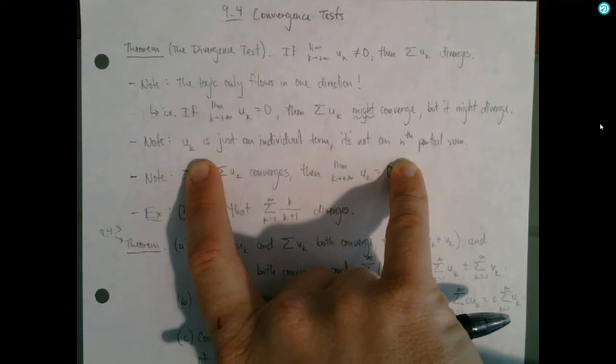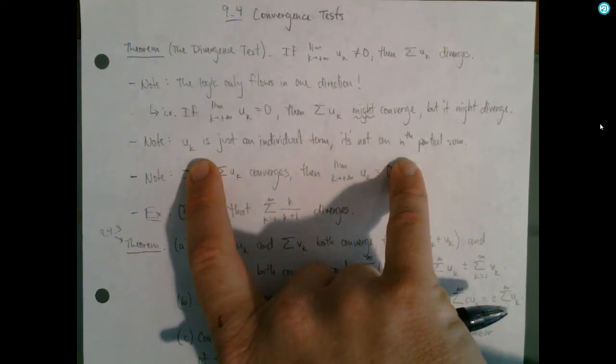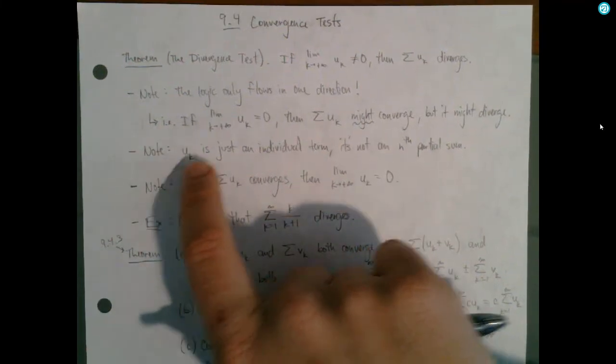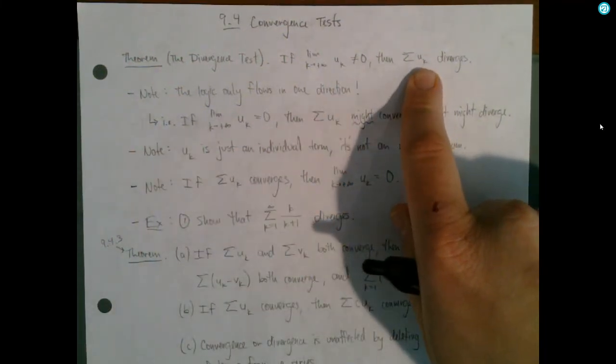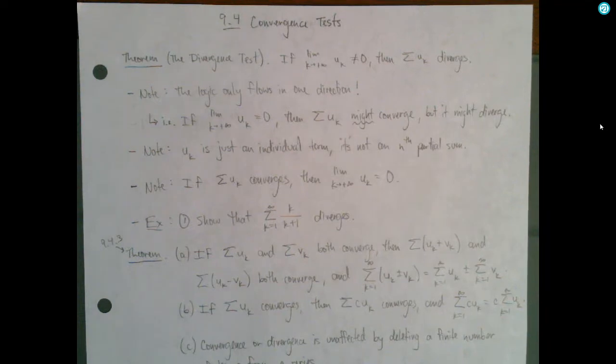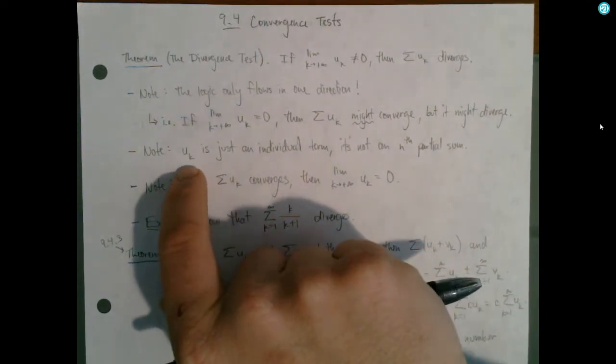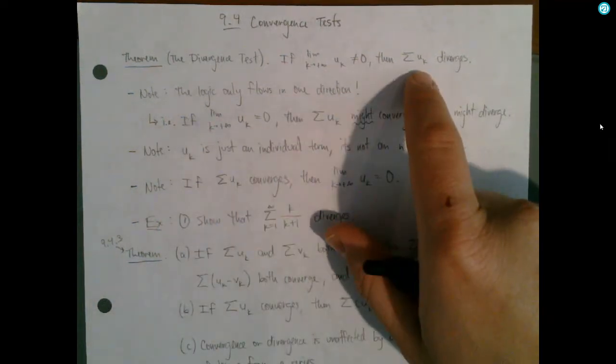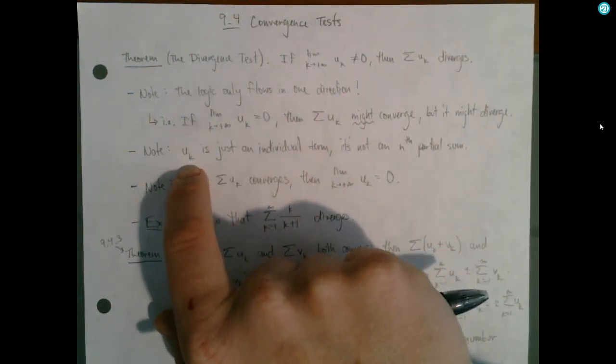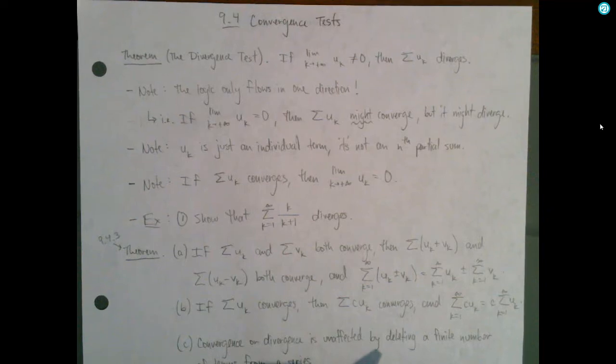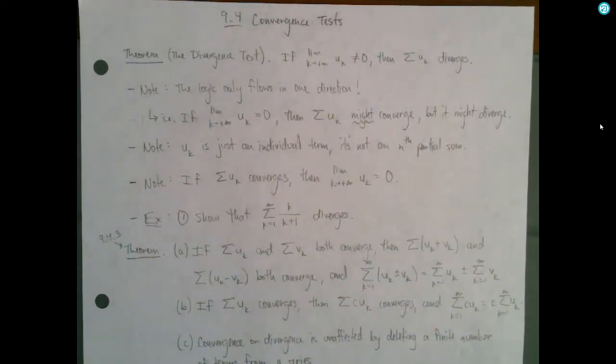And that's true if you're talking about a sequence of partial sums. But we're not talking about a sequence of partial sums. We're just talking about the individual terms of the series itself, right? And again, it's possible for that sequence to converge, but the series could still diverge, right? Because you're not talking about the partial sums, you're just talking about an individual term.